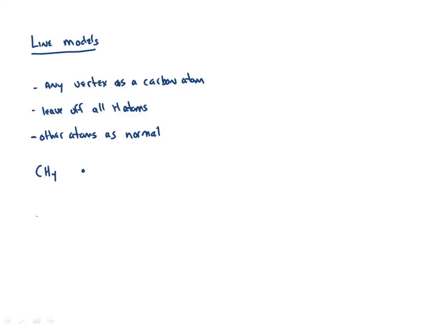For instance, if I take a look at just a Lewis structure that looks like this: 1, 2, 3, 4, 5, 6, 7. And then I have to draw all these stupid hydrogens on it. Holy cow. I'll spend more of my time writing C and H on a piece of paper than anything. And you guys will be sick of writing C's and H's.